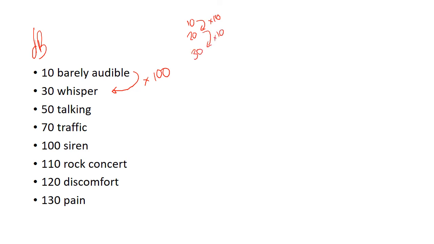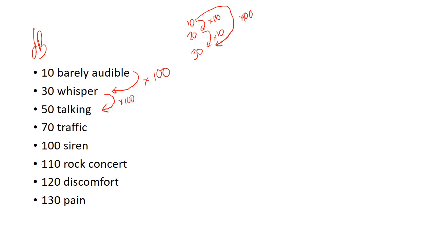So if you go times 10 twice, you are going to go times 100, because 10 times 10 is 100. All right? So if you have 100 people that are barely audible, that adds up to a whisper. If you have 100 people that are whispering, that is just as loud as talking. And these are all rough estimates, right? Just to give you an idea.